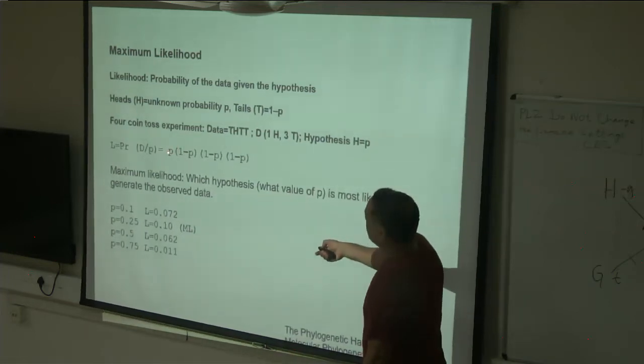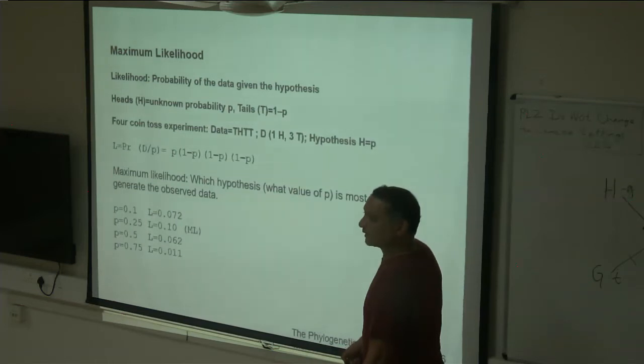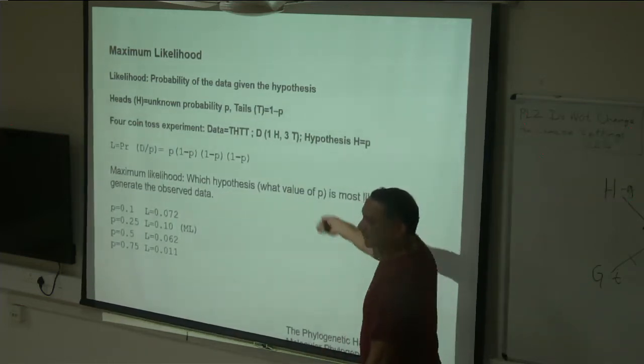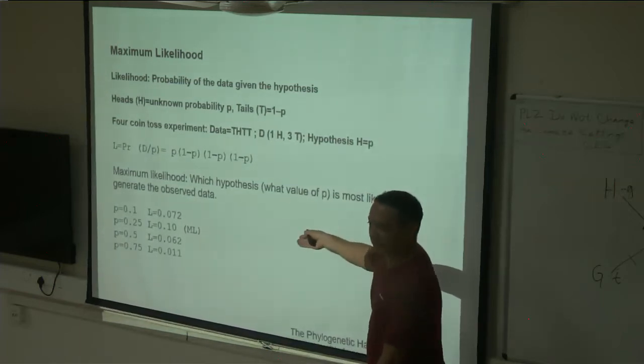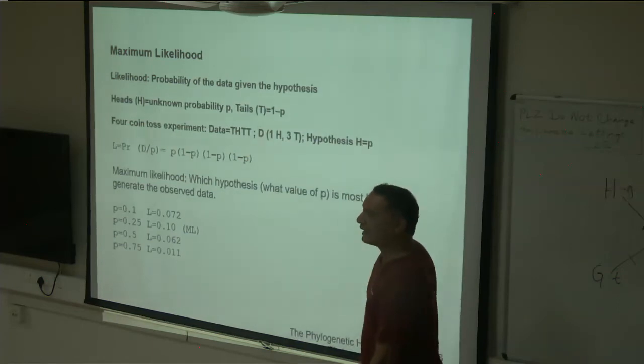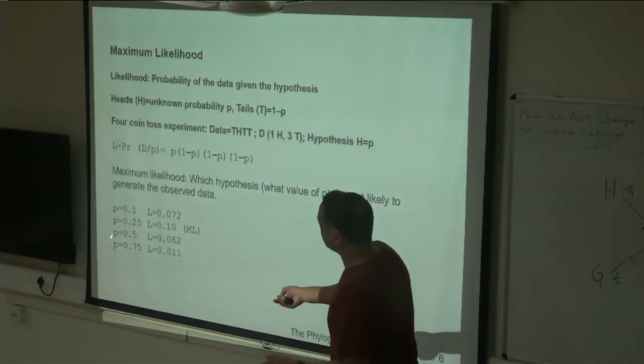This small p can be 0.25, 0.5, 0.75, and accordingly you'll have the probability of tails. So here are the different hypotheses.